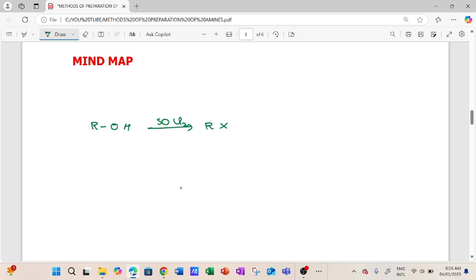All those reagents can be used, so this OH can be changed to X by adding the reagent. Now to this, when you add KCN, you get RCN, alkyl cyanide. When you do reduction of this alkyl cyanide in presence of nickel, we get RCH2NH2.